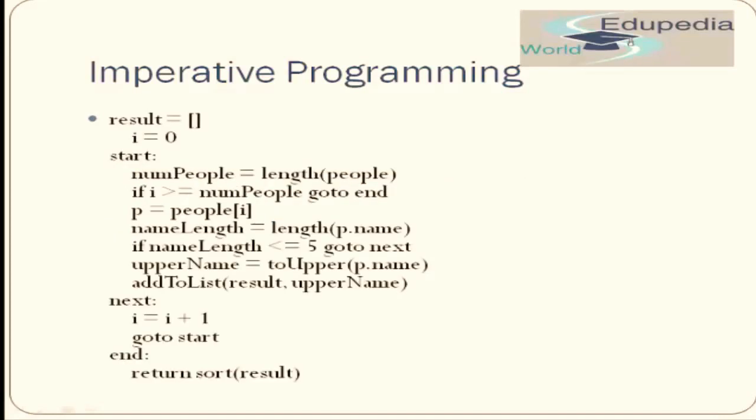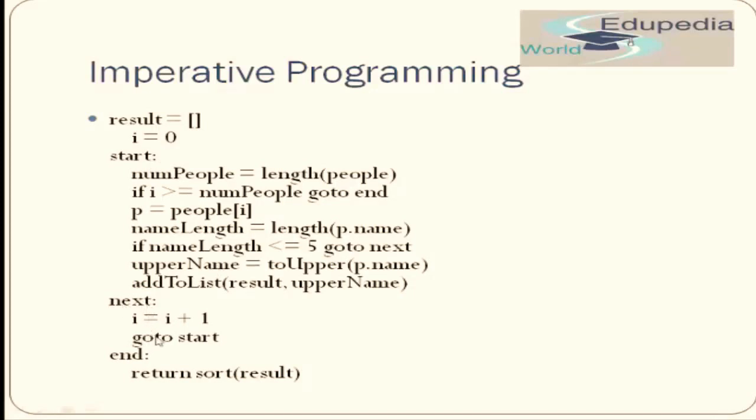So let's see an example where this code example is not machine language programming. It is just a programming example created to show how imperative programming is implemented. You can see it starts with the declaration of something as result, and then there is a start statement, followed by a number of statements, and there's a next statement.